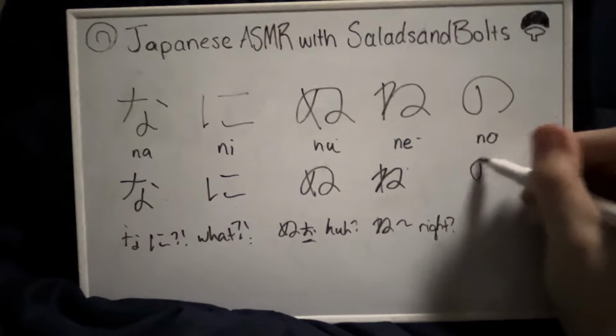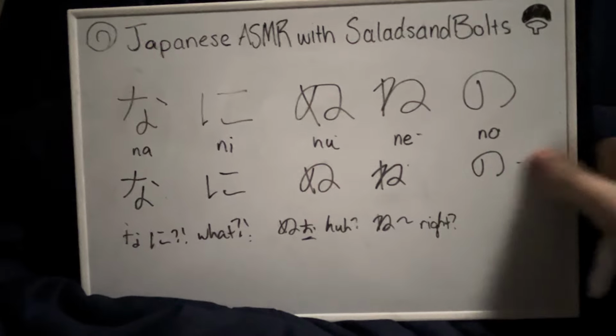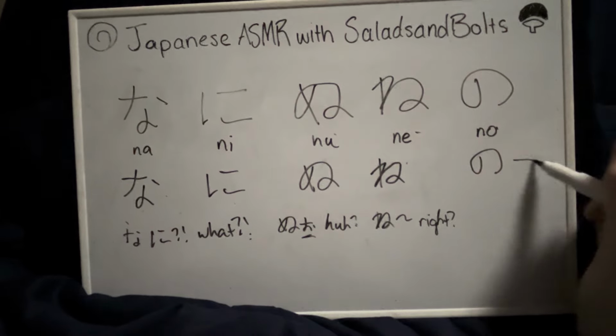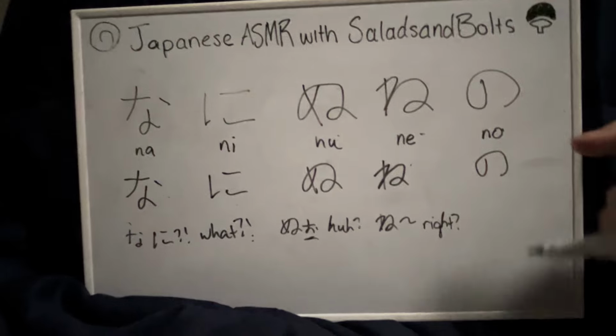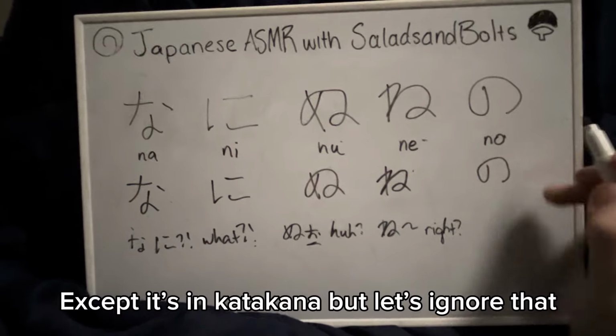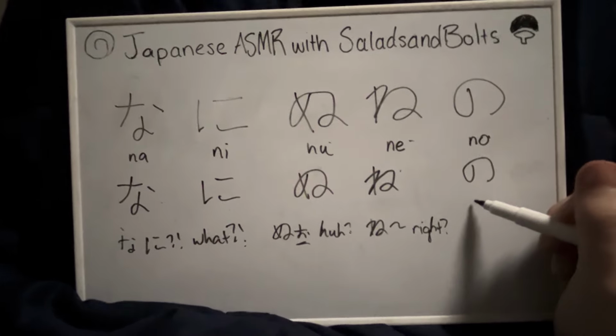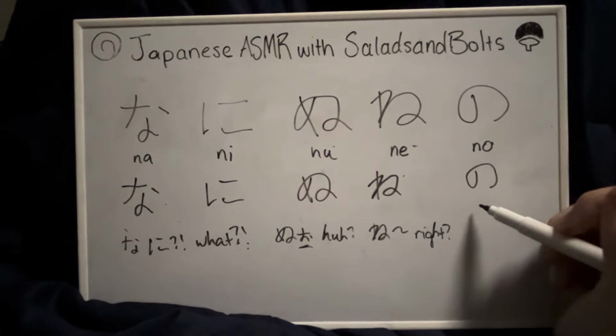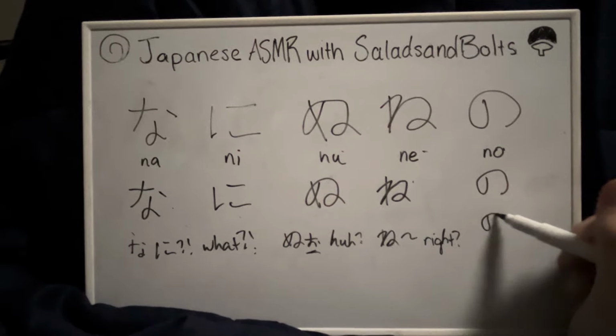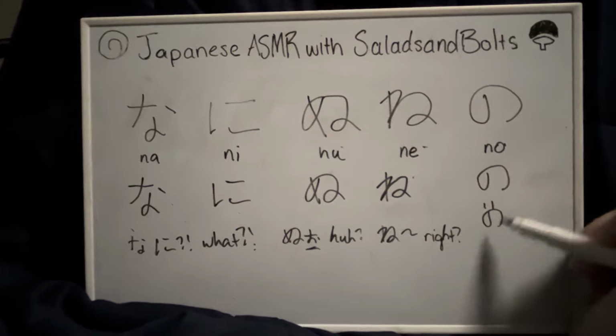No. This is yes ka no. When they say yes ka no, it's "yes or no." It's this no with a line. So no just looks like, I don't know, it's very unique in its shape. You can make a little face with it if you want.